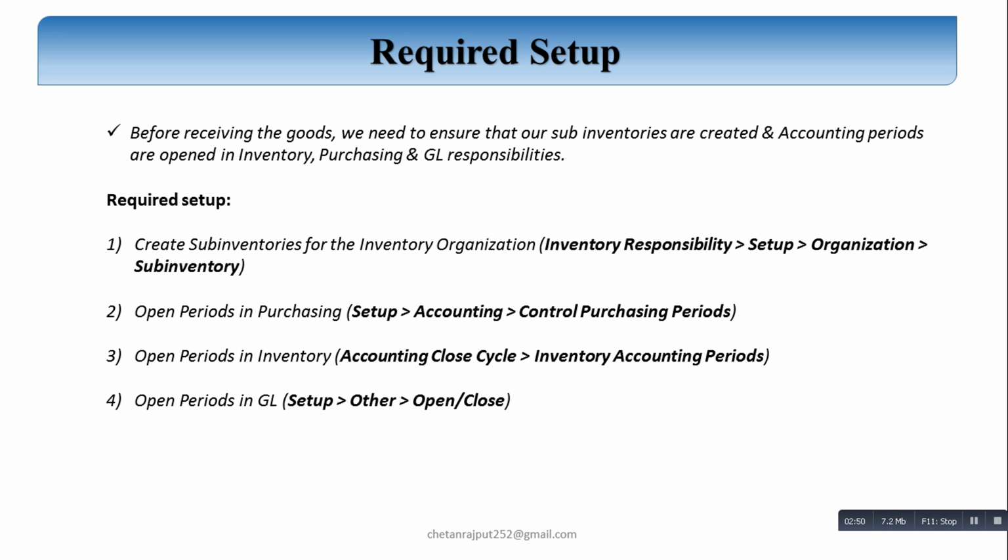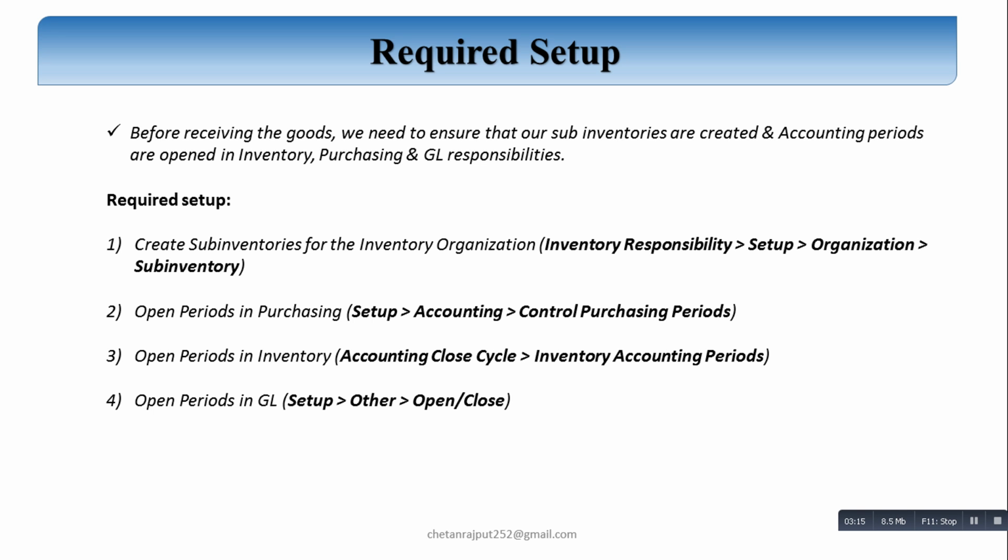Then we are required to open a period in purchasing. For that, we go into the purchasing responsibility, go to the setup, then go to the accounting and then go to the control purchasing period. From this window, we can open the period for purchasing.